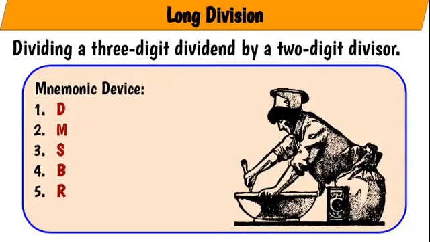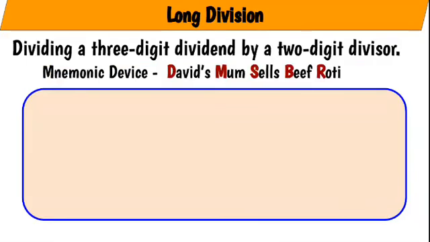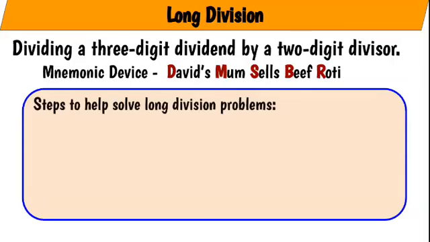Now here we are going to use the first letter from each of those words in our mnemonic device to help us learn those steps. So we have our D, M, S, B, and R. Here we have our steps and our mnemonic device at the top.